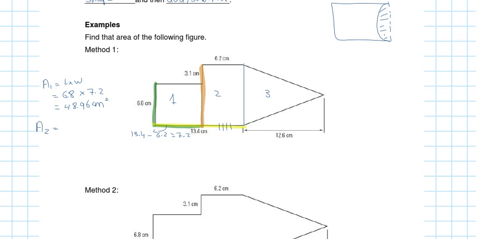Added 3.1 to 6.8. That's right. So I have the 6.8 and then plus the 3.1. That gives me 9.9. So again, it's length times width. So that's going to be 9.9 times, and I already know that the width is 6.2. Is it 61.38?